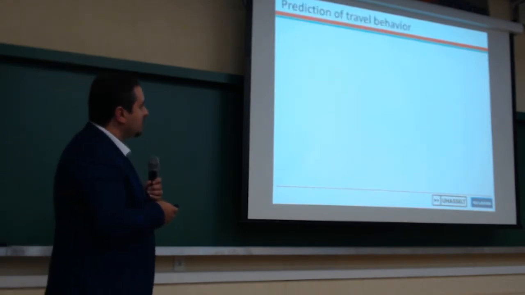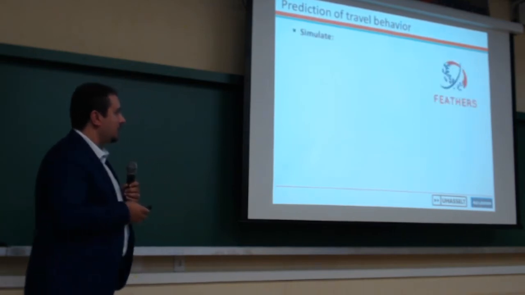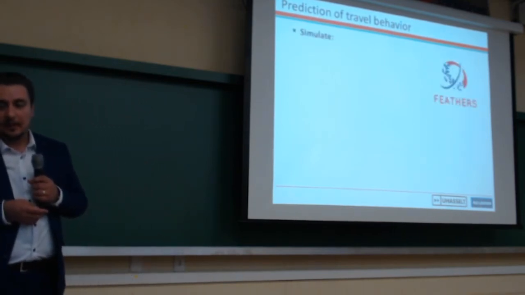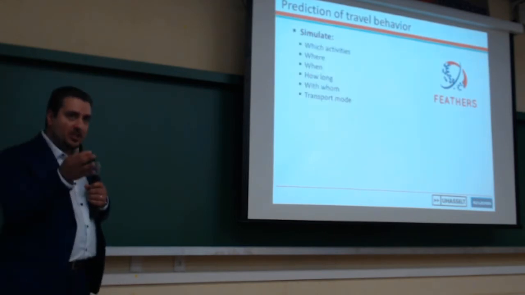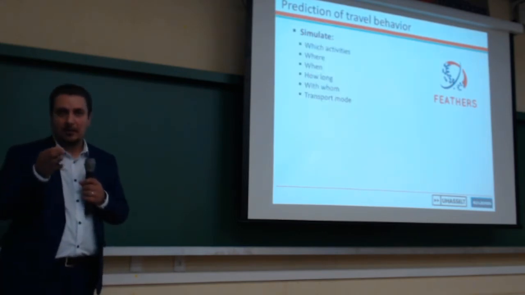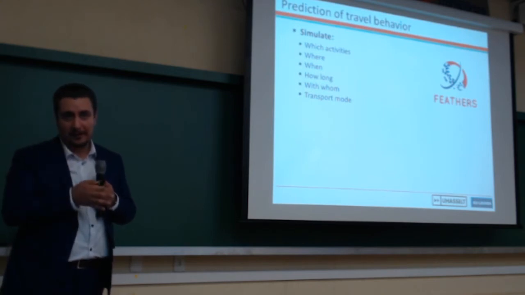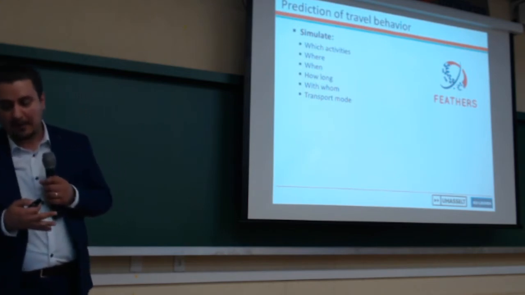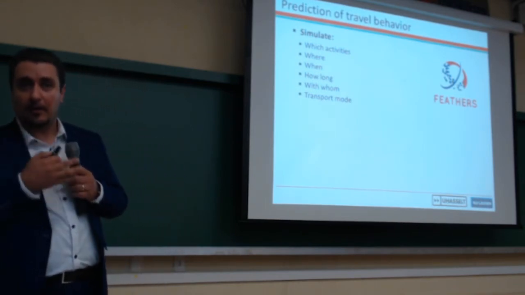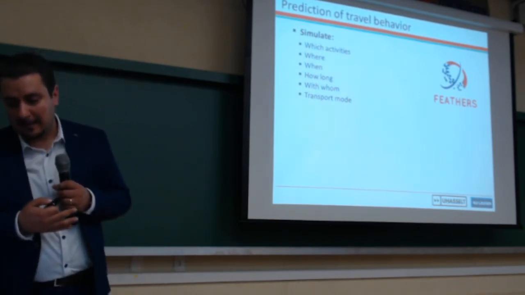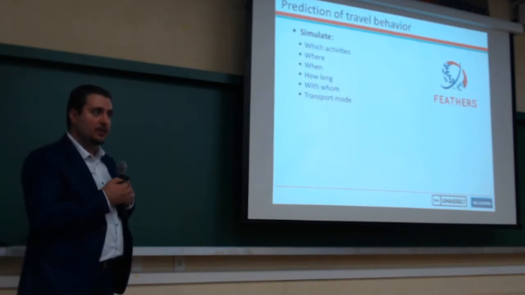So how does the prediction of travel behavior actually happen? By means of feathers, we simulate the following aspects. Which activity is going to happen, from where to where, and at what time, how long does it take, with whom are you going to do that activity, and what is the transportation mode that you're going to take.